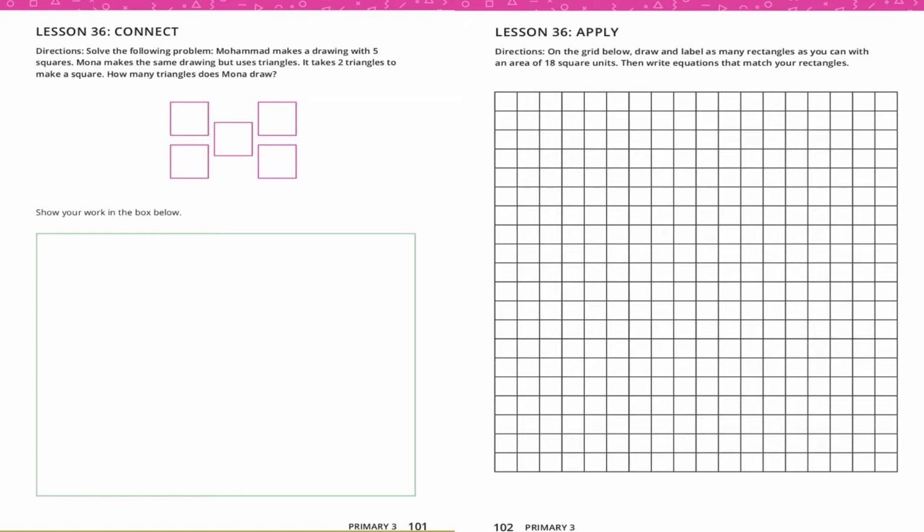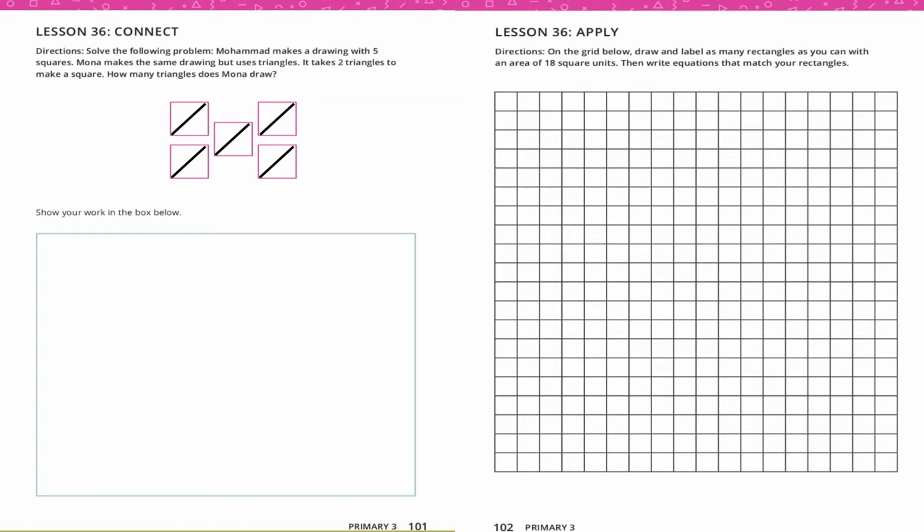draws 5 squares, and Mona used 2 triangles to make each one square, and she also drew 5 squares. So she will use triangles like this. Here, each one square contains 2 triangles.